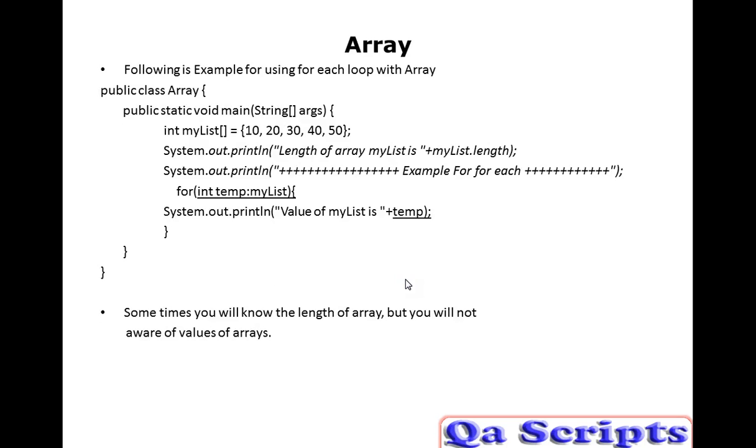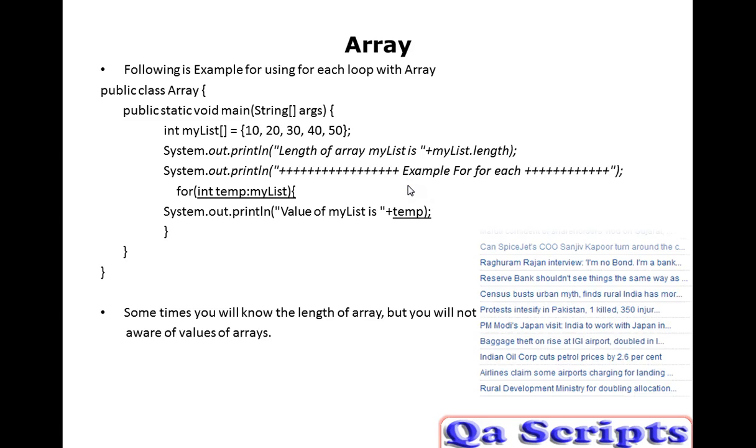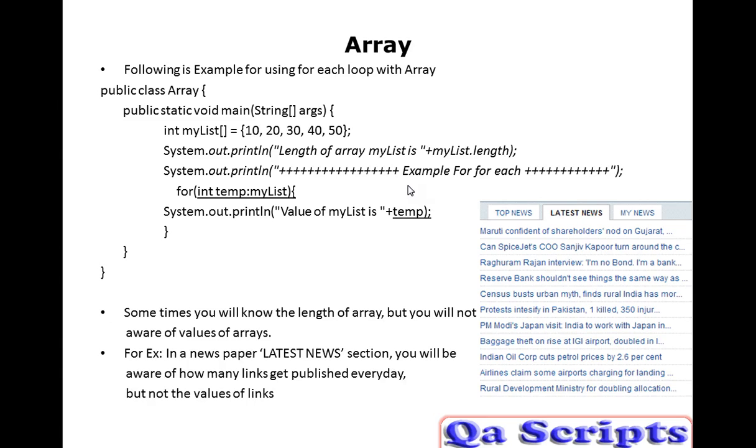Sometimes you will know the length of the array but not the values of the array. For example, in the previous example we knew the length and values of the array, that is 10, 20, 30, 40 and 50. Let me take one simple example. Here is a snap of a newspaper where we have a section called latest news.